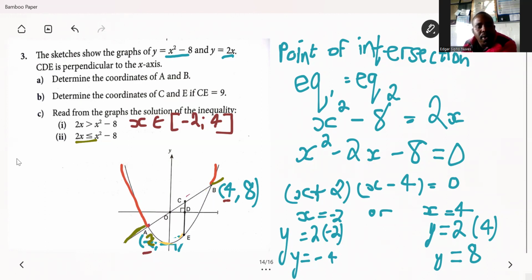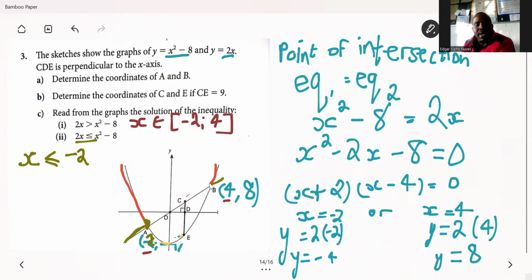So our answer is that this is true for all x values smaller than or equal to -2, which is all the x values to the left of this point A. From here going to the left, the parabola is always above the straight line.